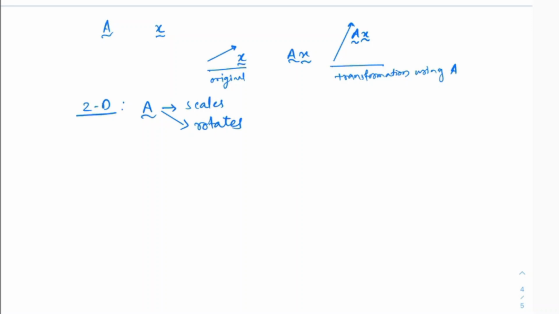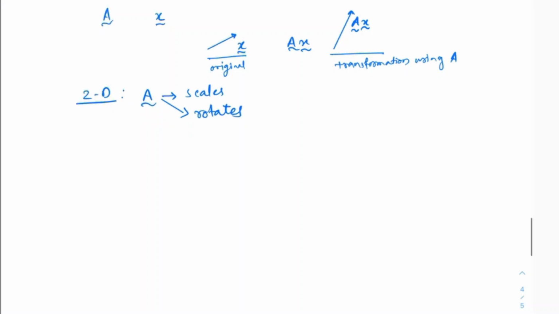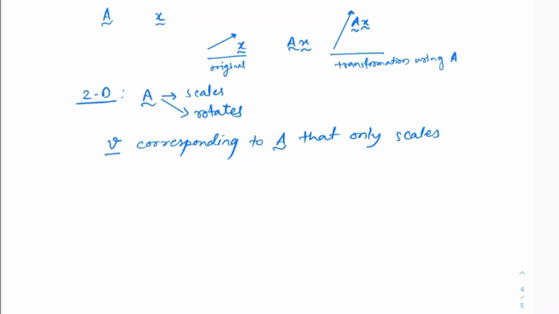So we are saying that there are certain vectors v which correspond to A, that only scale and do not rotate. Fine, I got that.